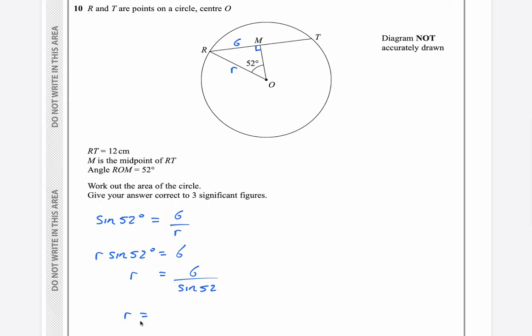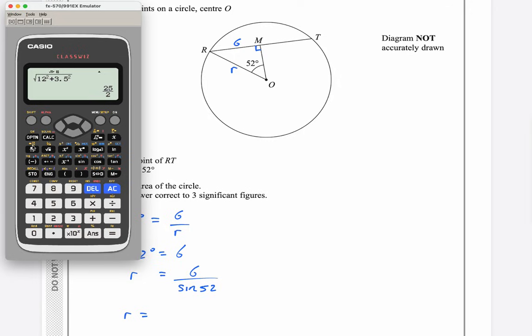So my R is equal to 6 over sine 52, close brackets, and I get 7.6141.